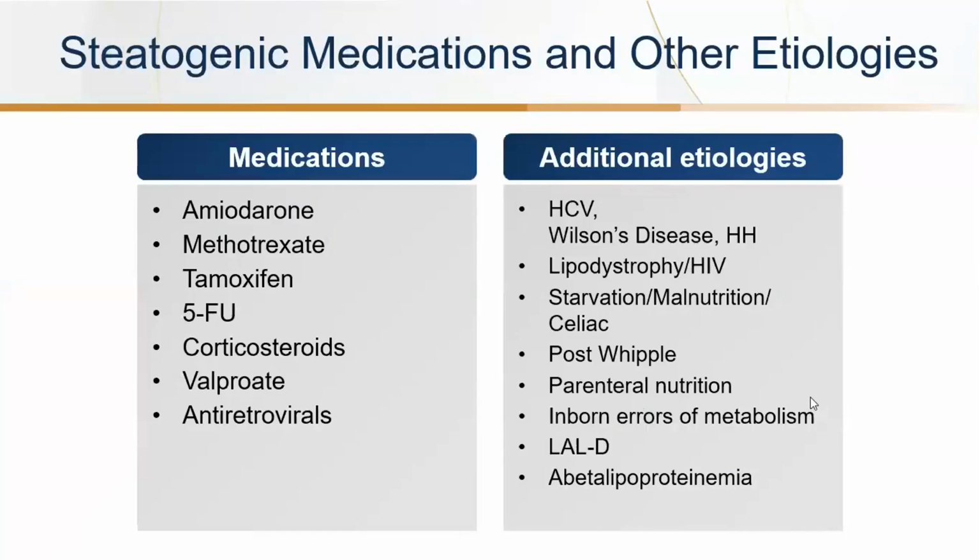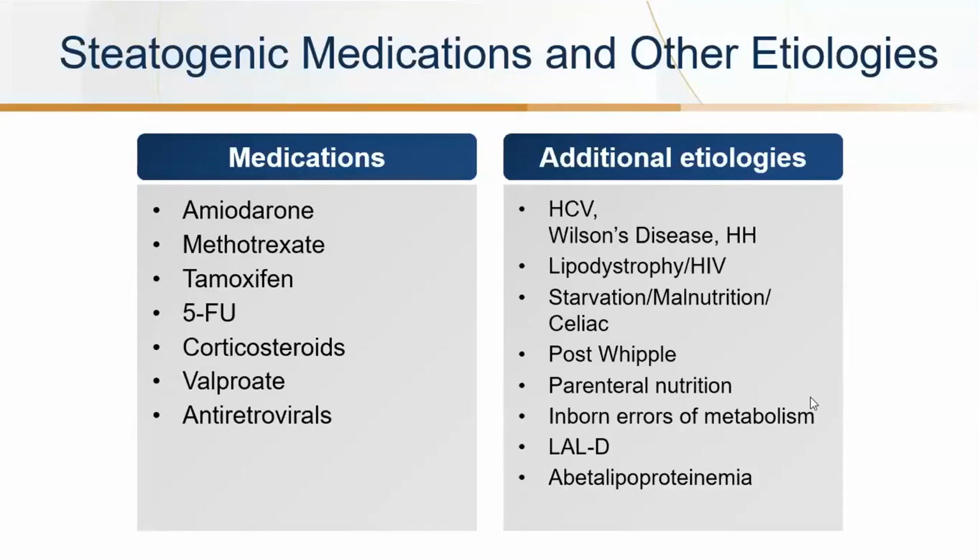But just to flip here, some other etiologies of steatotic liver disease. Medications can absolutely be the cause. So obviously really look at their medication list, not so much to see if it could be causing an elevation in the liver function tests, but could one of those be contributing to the steatosis directly?